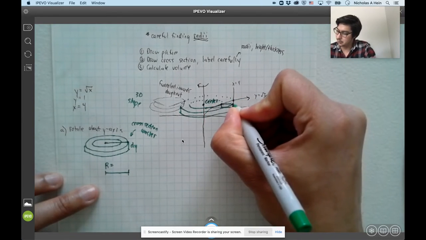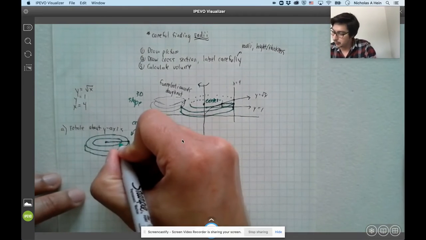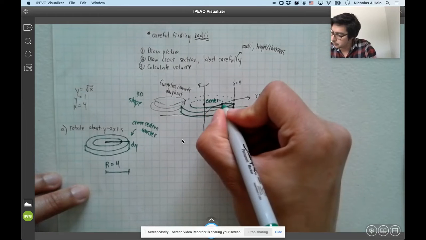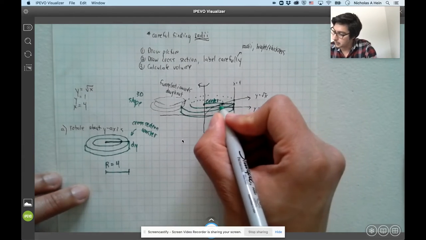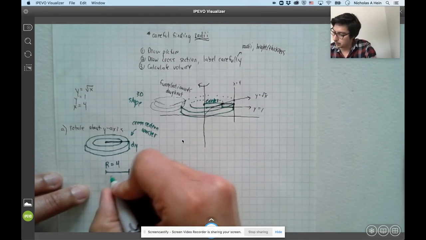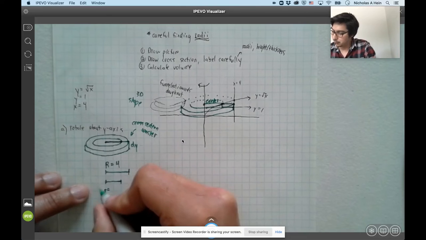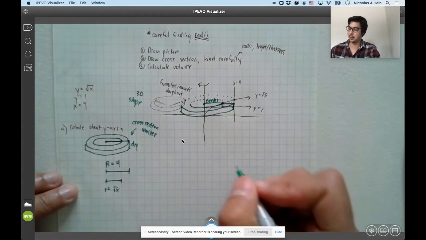Well, that's a distance of just 4, so that's simple enough. Your inner radius from the inside of the curve to that, which is from your square down to here, well, that's the curve y equals root x at any moment. So your inner radius is typically root x to that center, which is 0 there.